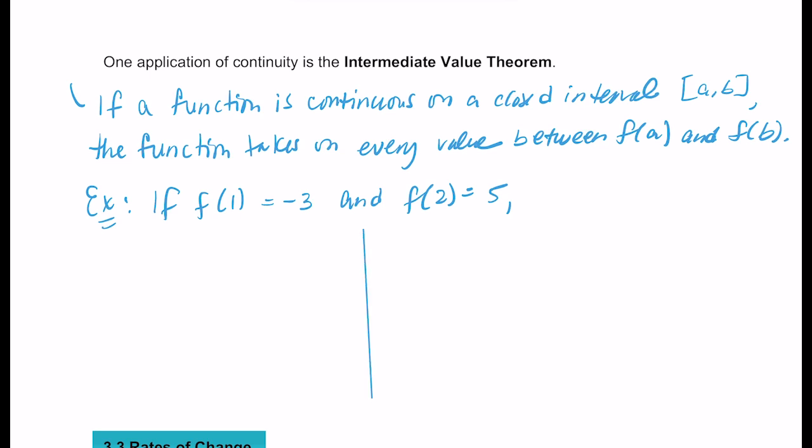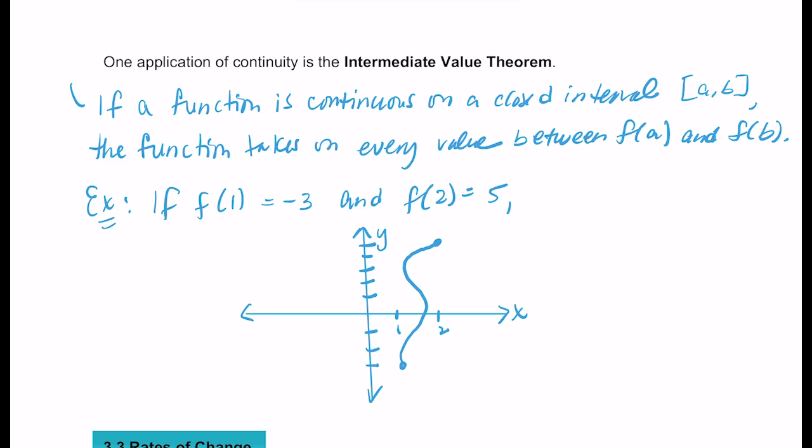In other words, let's say you have this picture, and we're only looking at from where x equals 1 to where x equals 2. We know f of 1 is negative 3, and we know f of 2 is 5. Maybe the function even looks like this.